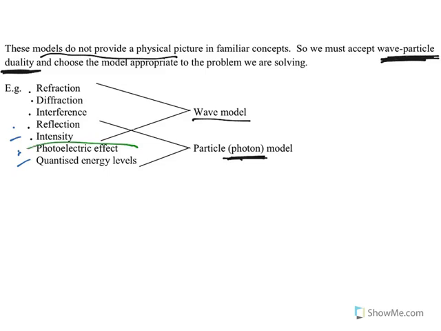Notice that those two down the bottom can only be explained by the particle model, and the ones up the top can only be explained by the wave model. Reflection and intensity, we can use either model, but for the other things we've got to use a specific model.